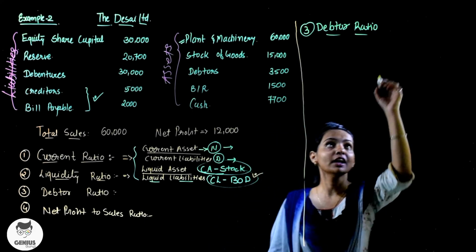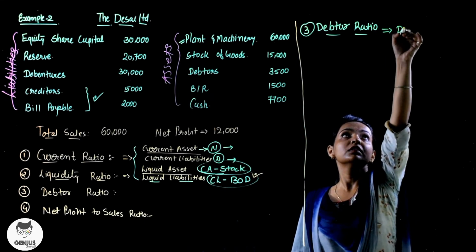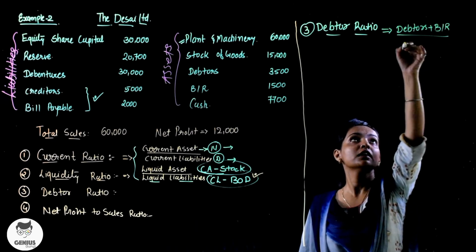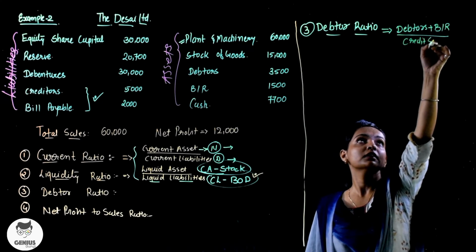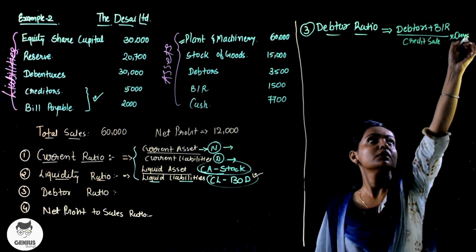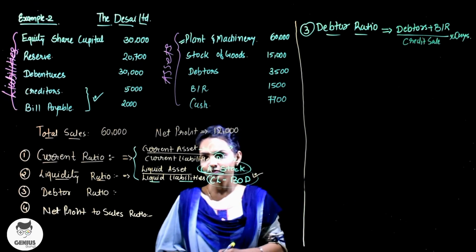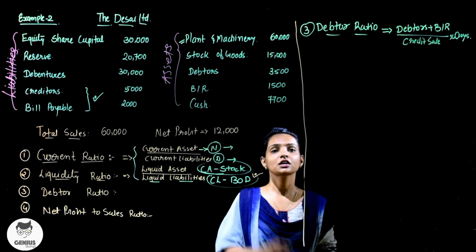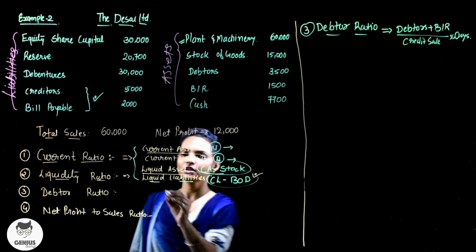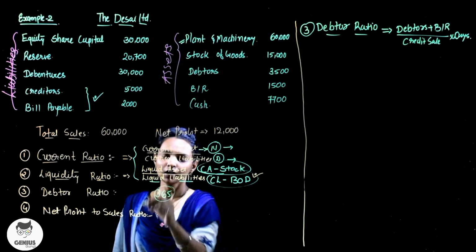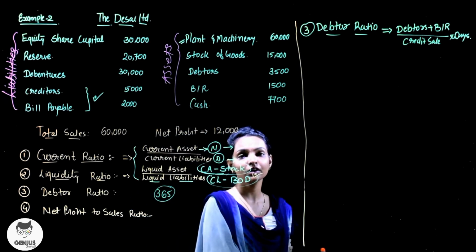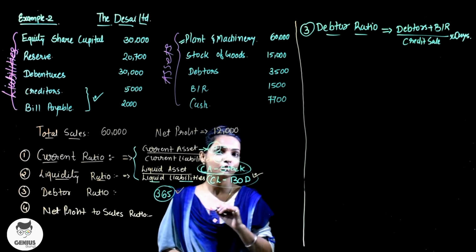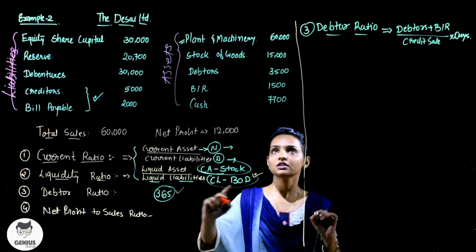So our formula is debtors plus BR divided by credit sale into days. In this sum they are not mentioning any information about working days, so we will take 365 days. That's a star point, because in every sum they give different numbers of days. So here no information is provided, so we will take 365.